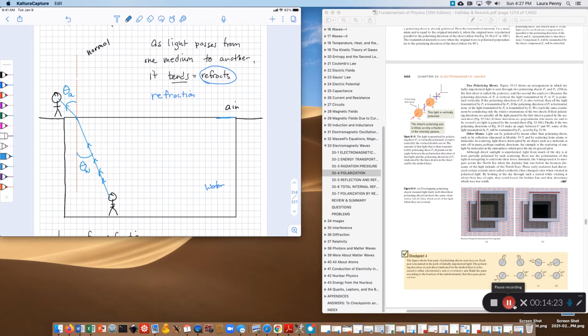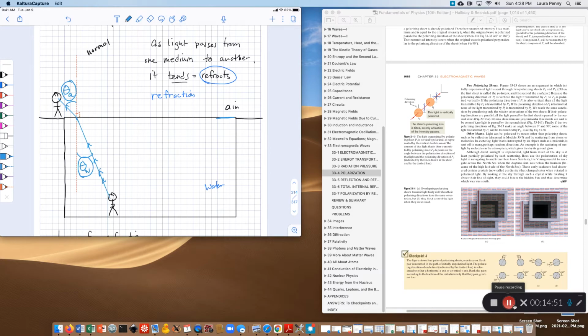And so we have this 90-degree line that extends both up and down into both media. And we have an angle of what the ray makes with the normal in the water, and then we also have an angle of what the outgoing ray makes with the normal in the air. So little a stands for air, little w stands for water.